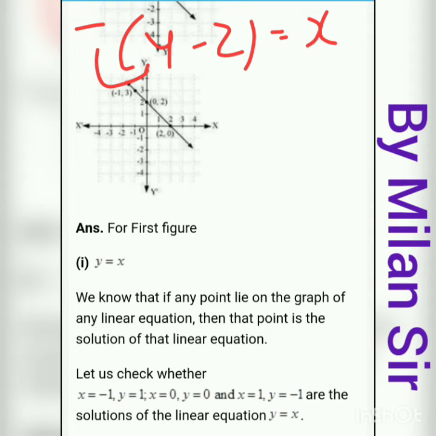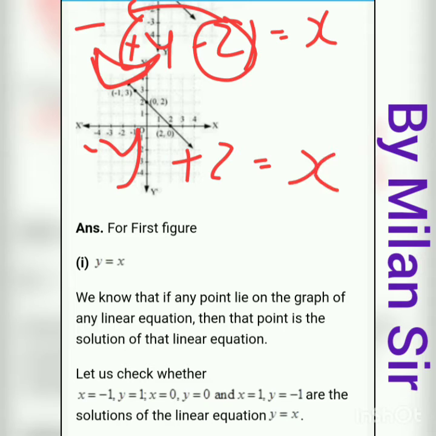Now minus, and here nothing is there, so plus y. So minus y, and here minus 2 with this minus, so minus minus plus 2 is equals to x as it is.